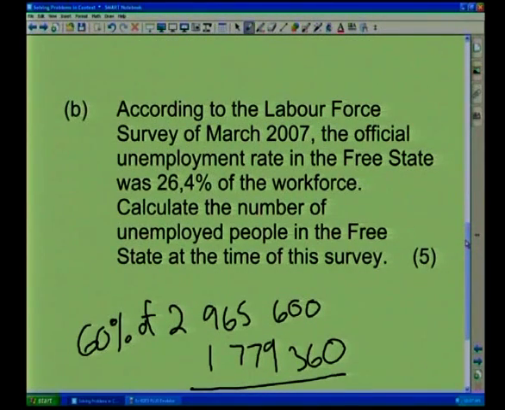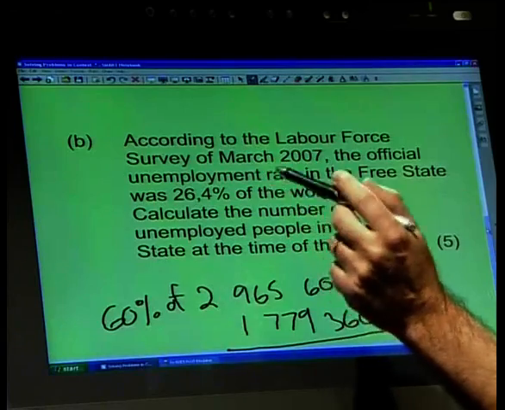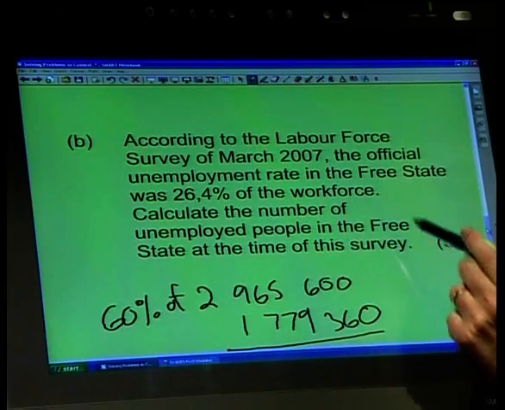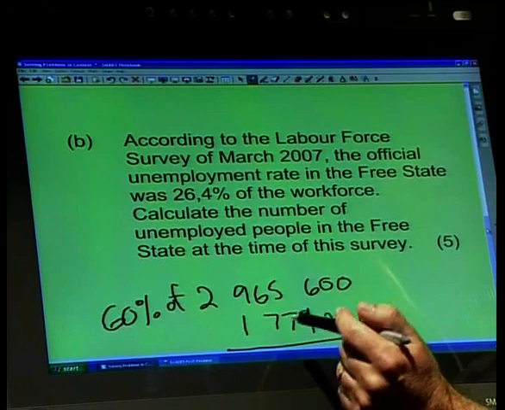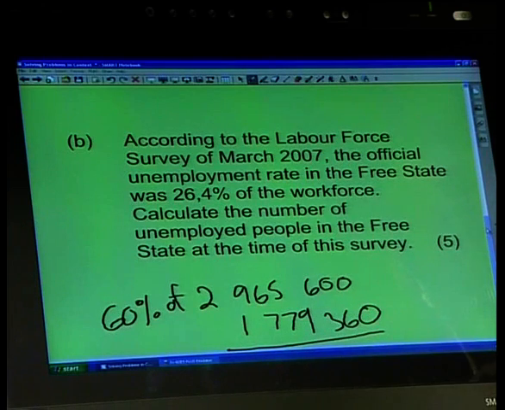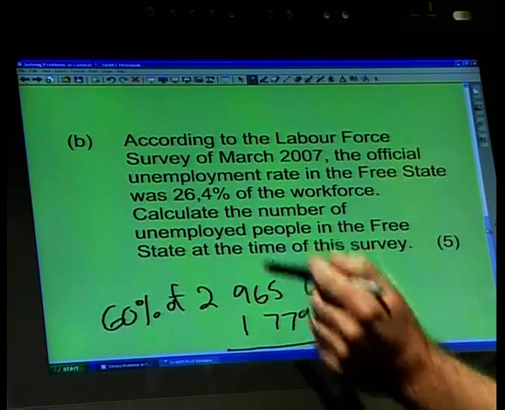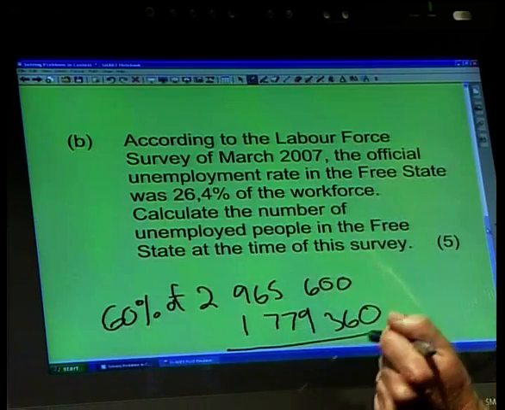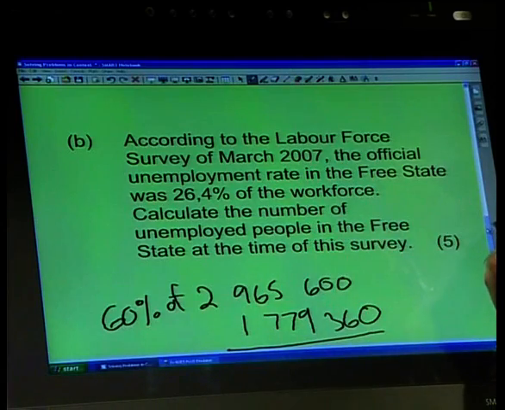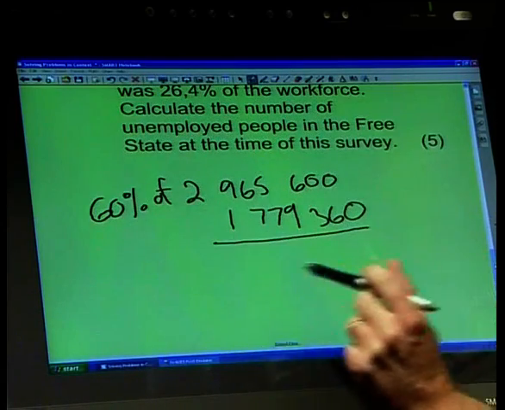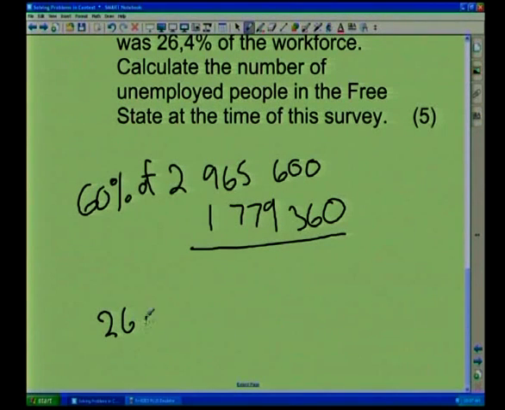However, our question says that 26.4% of the workforce, that means of the 1,779,000 people, are unemployed. So we've got to find 26.4% of this figure now to answer the question successfully. 26.4% of 1,779,360.